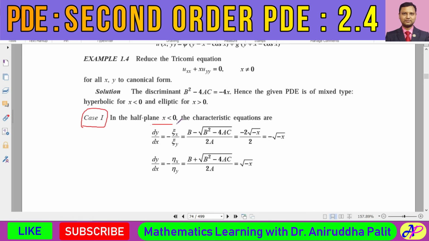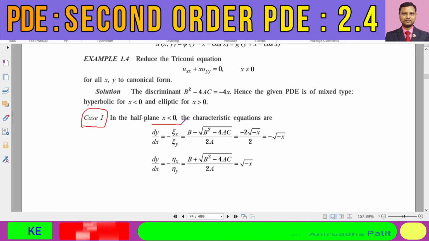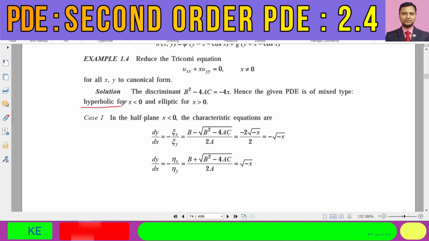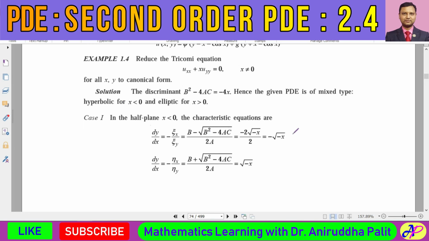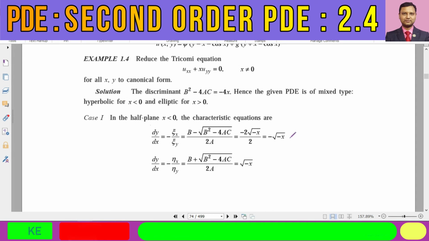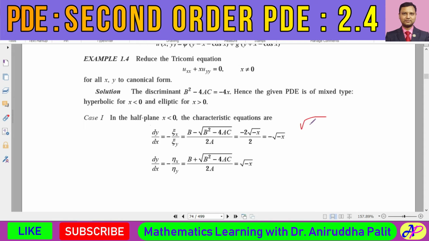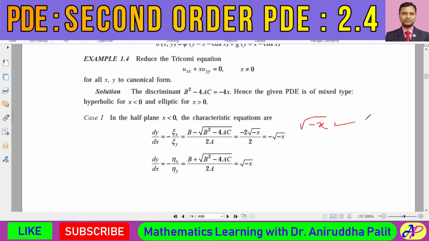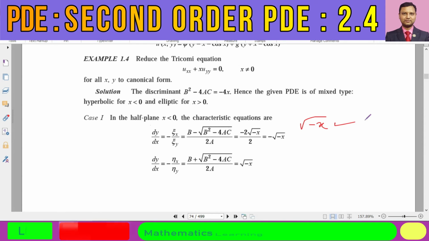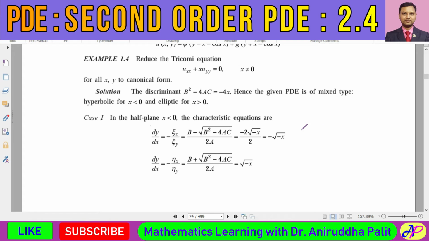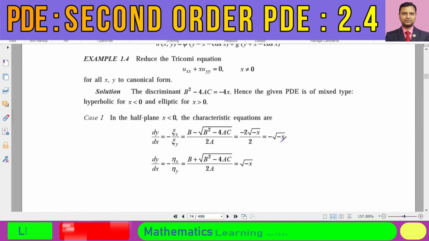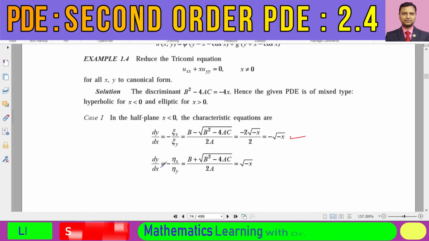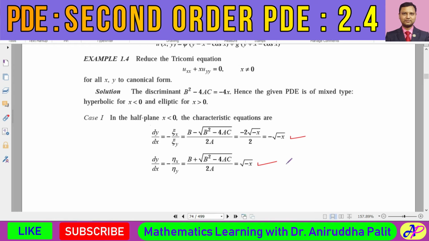In this half plane x less than 0, we have to use the treatment of the hyperbolic differential equation. Over here they have taken root over of minus x. Here x is negative, therefore minus x is positive, therefore this is a valid real expression. So over here we have computed dy dx. Dy dx is equal to minus root over of minus x, and for the second expression, dy dx is equal to plus root over of minus x.